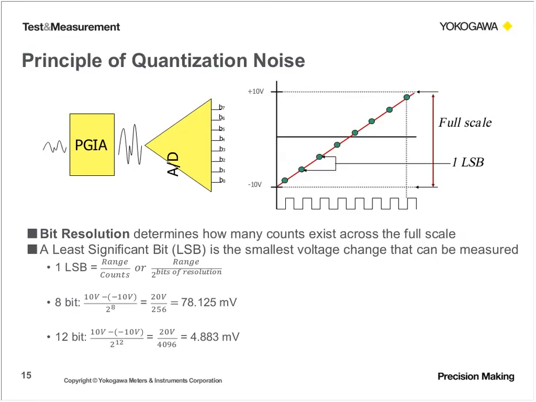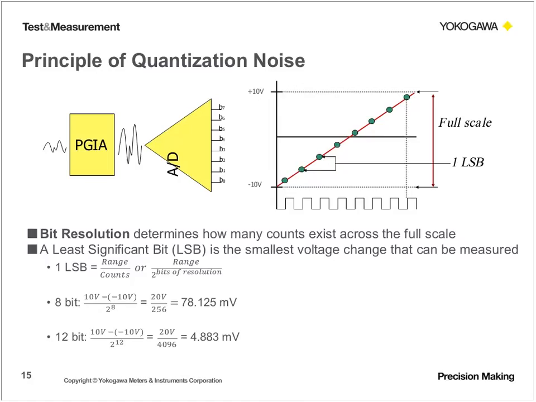The way you can calculate it is the least significant bit is determined by taking the range and dividing it by the number of counts. So again, with the 8-bit example, for a minus 10 to 10 volt range, you're taking 20 volts and dividing that by 256 counts.